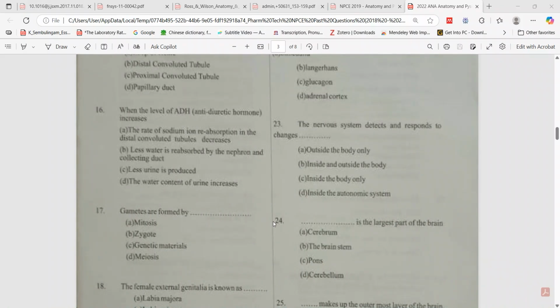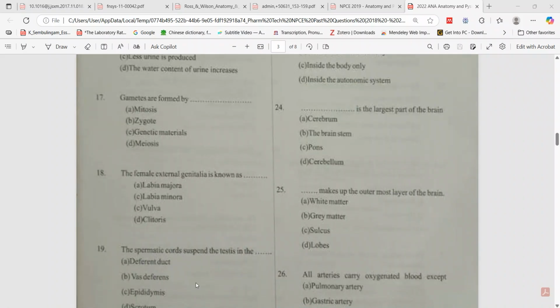Gametes are formed by... Okay, so zygote. Do you know what zygote is? Zygote is the union of spermatozoon and ovum.